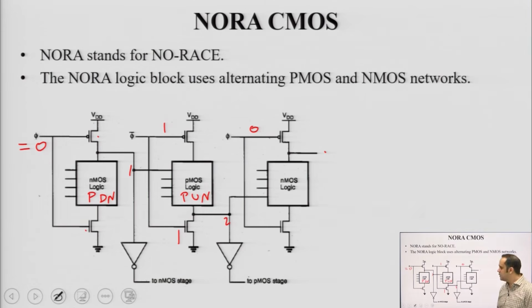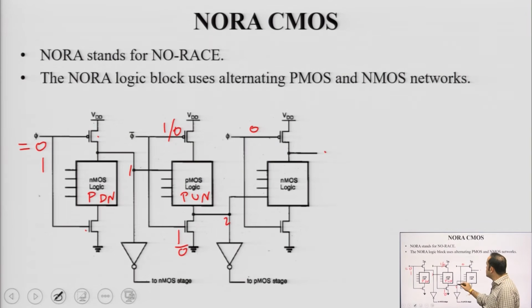Now, when clock goes high, this is off, this is on, and some evaluation is happening depending upon what is there in NMOS logic. When this is 0, this turns on, and this is 0. So, this turns off.